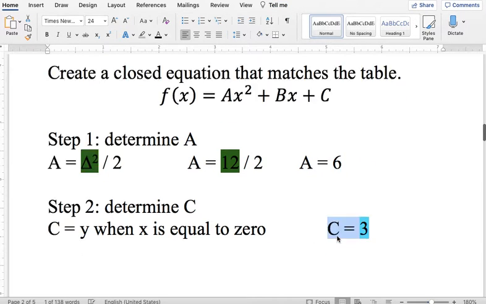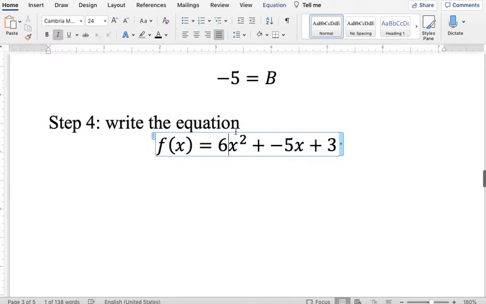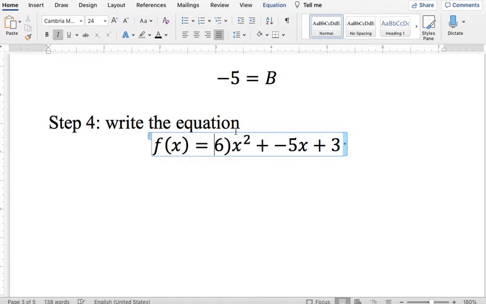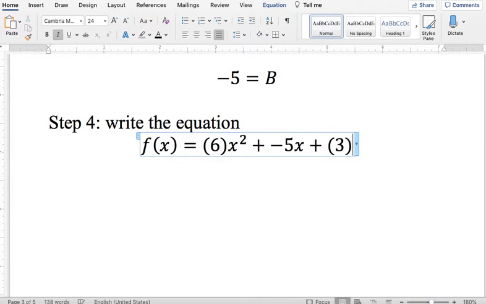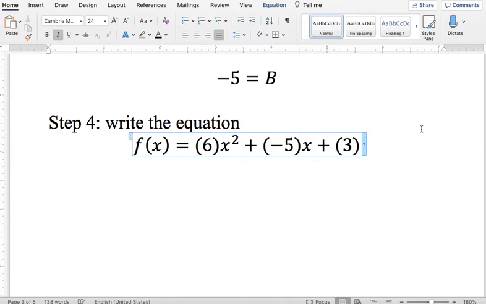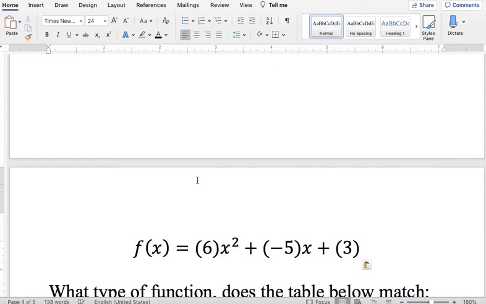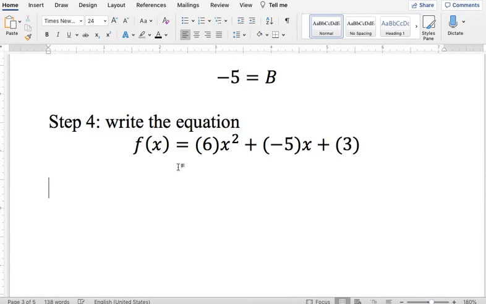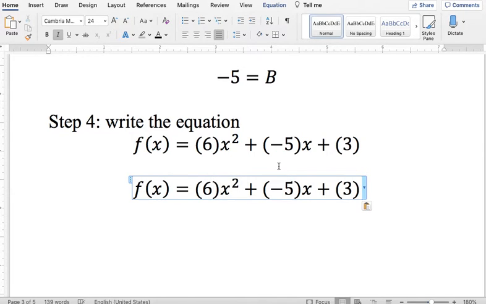6, 3. Okay. Technically, as a teacher, when you're substituting things in, I should substitute it in with parentheses. But honestly, the parentheses doesn't do anything in this situation. Your 6 in parentheses times x squared is just 6x squared.